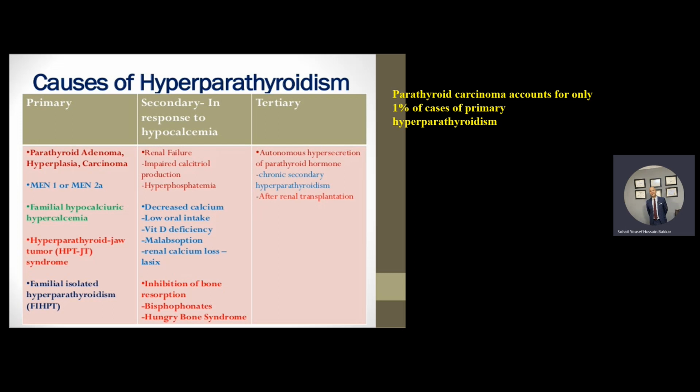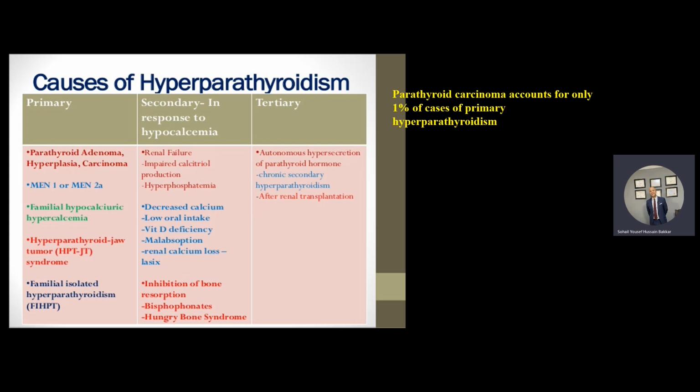Again, secondary hyperparathyroidism, as we mentioned earlier, is due to some cause of hypocalcemia. The most common cause of hypocalcemia is renal failure. Well, there are two interpretations for why renal failure produces hypocalcemia.